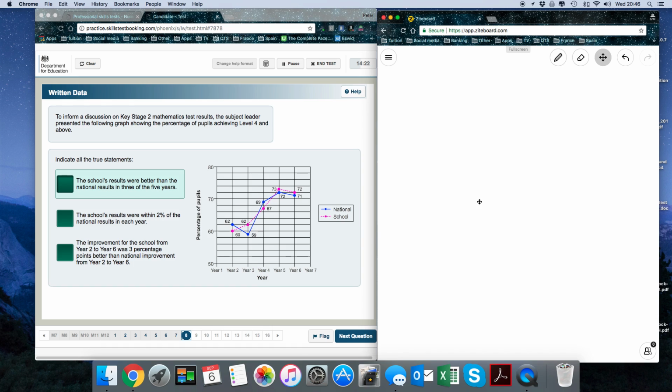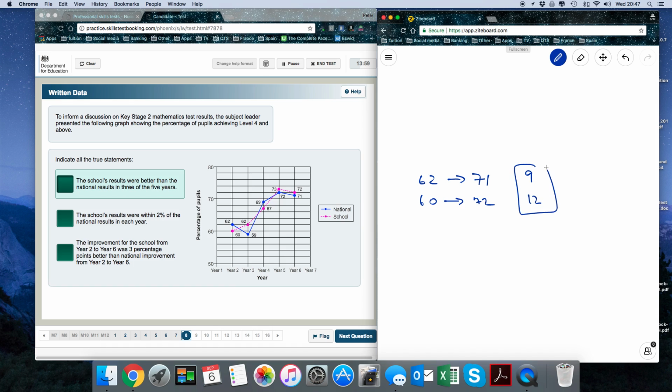So when I look at the improvement for national, it goes from 62 in year 2 up to 71. So you subtract those on the calculator, it's improved by 9. Now if you do it for the pink one, it starts at 60, but it goes up to 72. That's an improvement of 12.